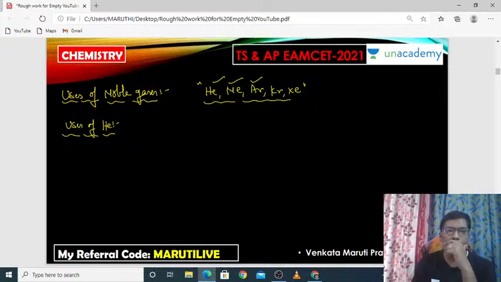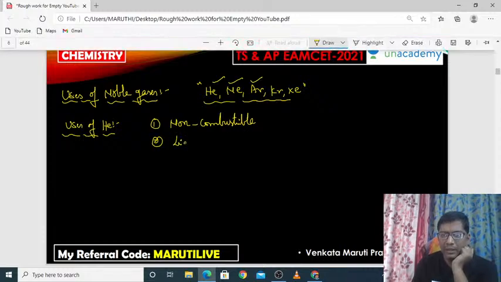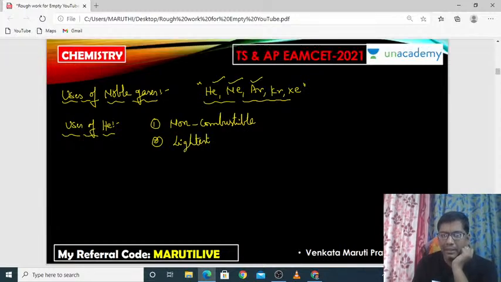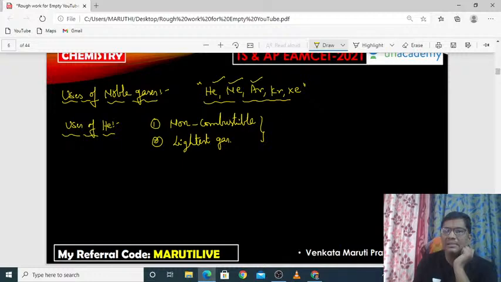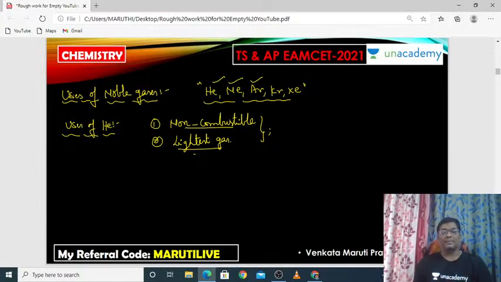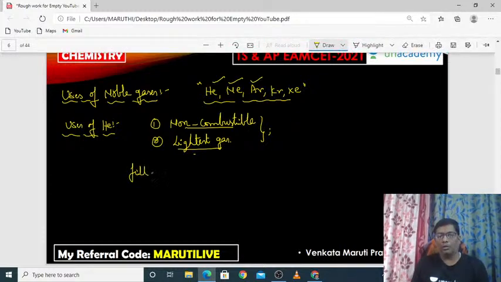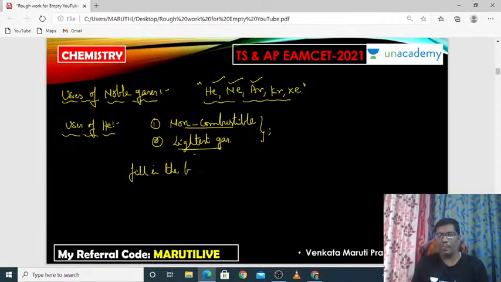Helium, what is the advantage? See, actually helium is non-combustible and it is the lightest gas also. So as it is non-combustible and as it is lightest gas, this helium gas can be used to fill in balloons.